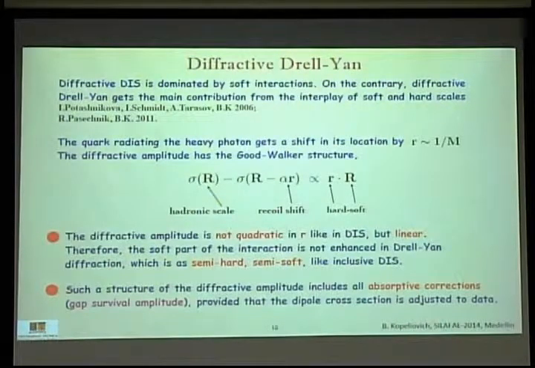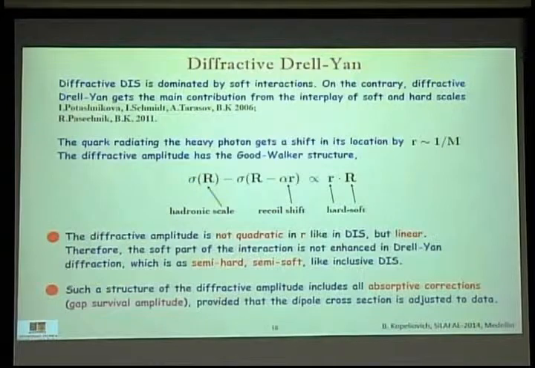And according to Good and Walker, the diffractive cross-section, as I mentioned, comes from the difference of interaction cross-section of two Fock components. One does not have any photon, it's just, for instance, a hadronic dipole of big size. And another one has a highly virtual photon, which makes a small kick to the target, to the quark.